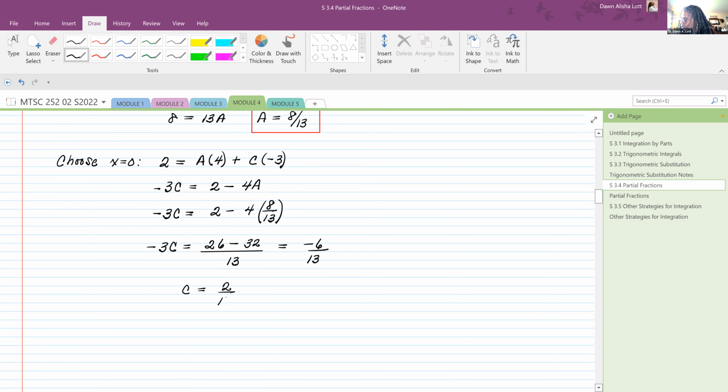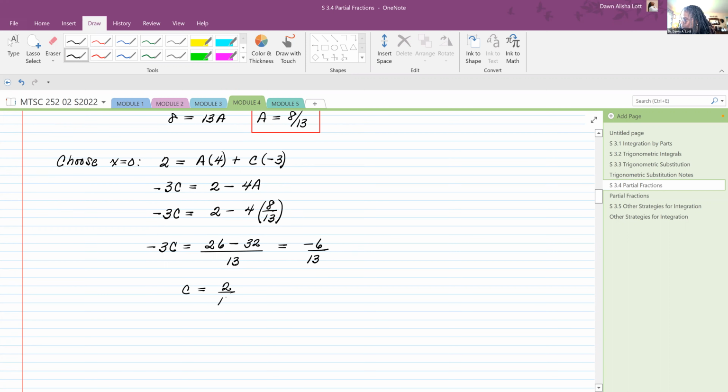So again, I can choose anything I want. I've already used 0. I'll choose something else small. So I'm going to choose x equals 1. And when I do that, I get from the major equation 1 minus 1 plus 2.